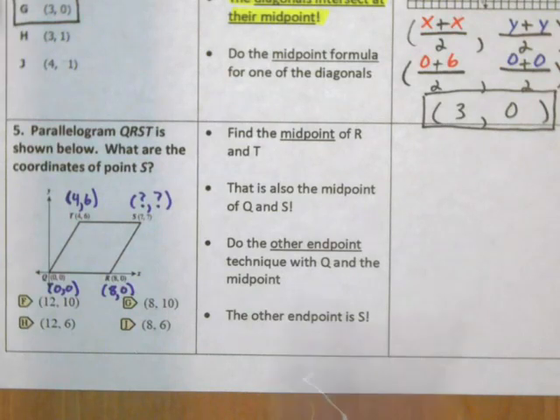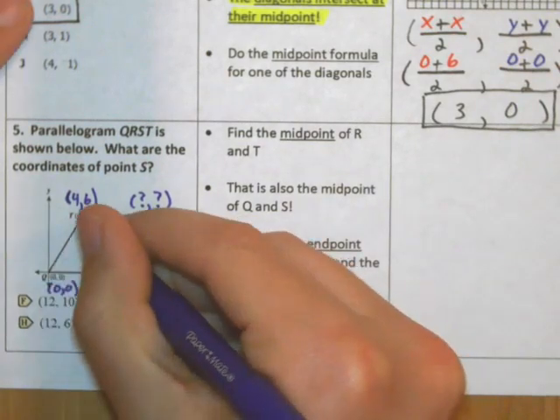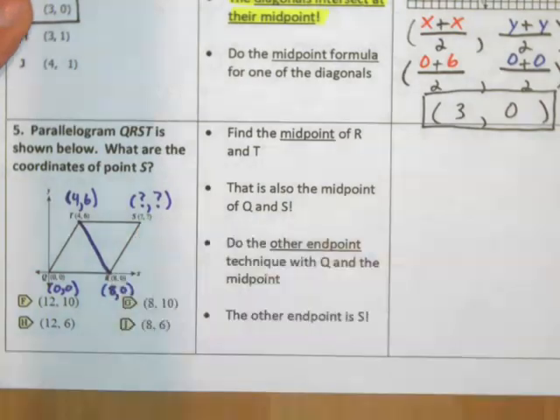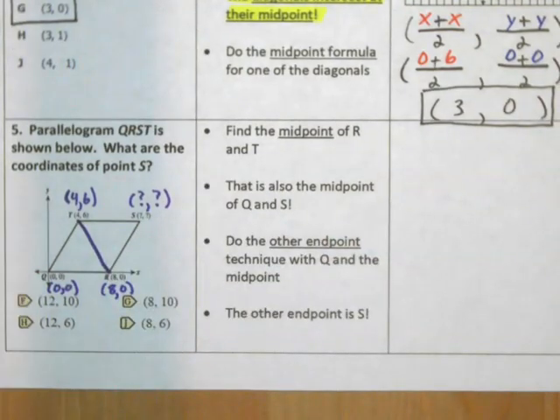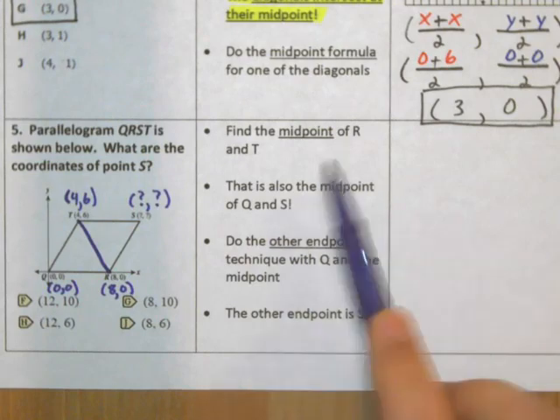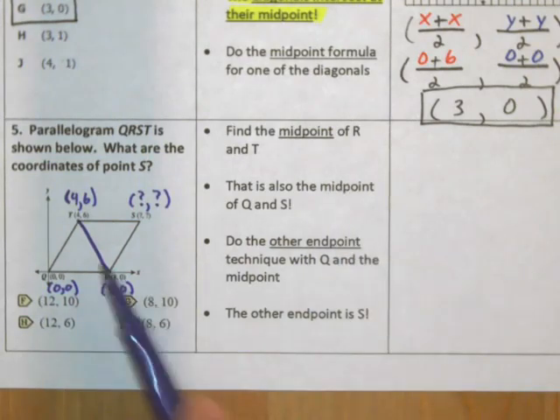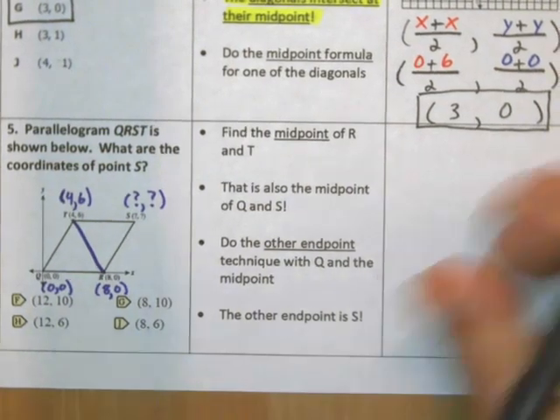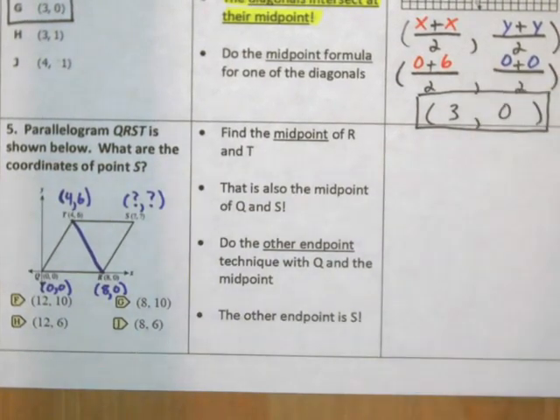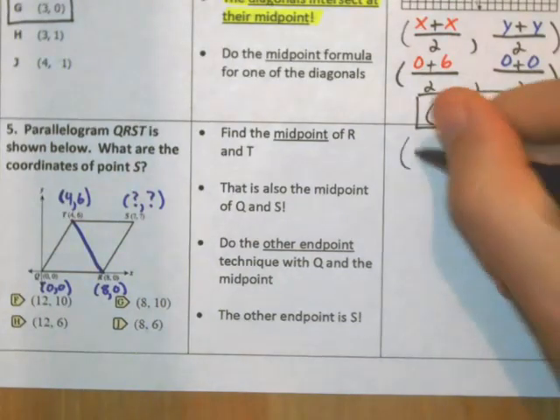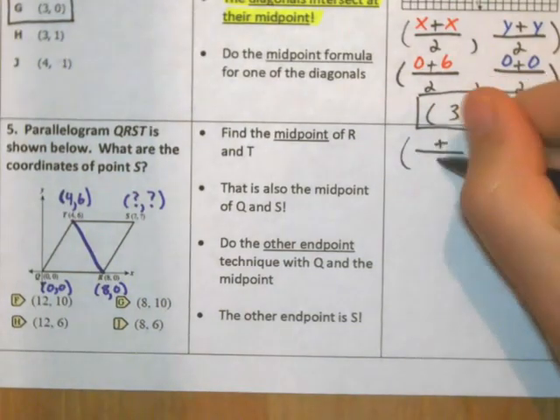I'm going to draw a diagonal connecting R and T. And I'm going to find the midpoint of R and T, the midpoint of that diagonal. So setting up the midpoint formula.